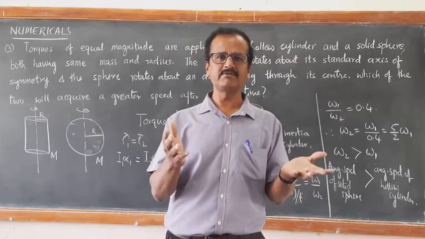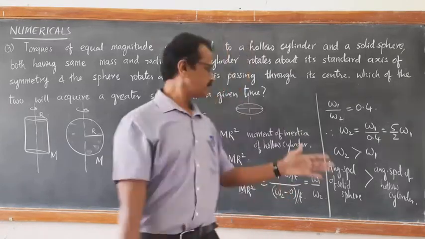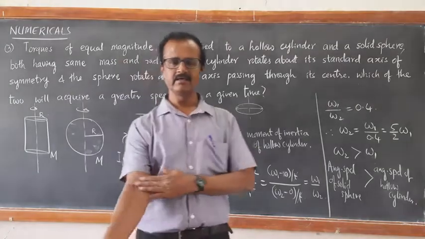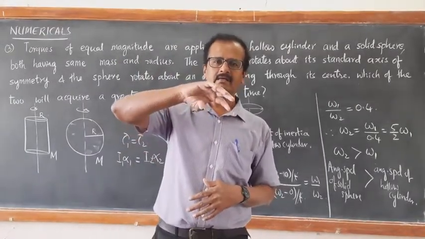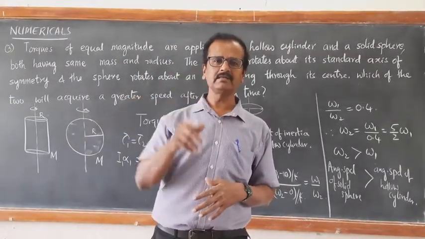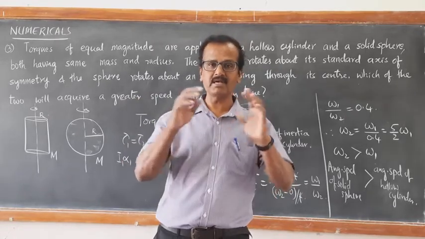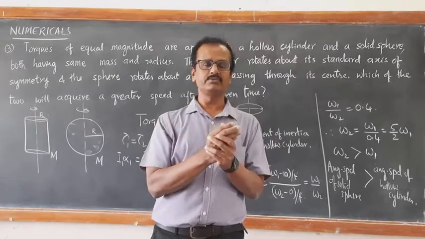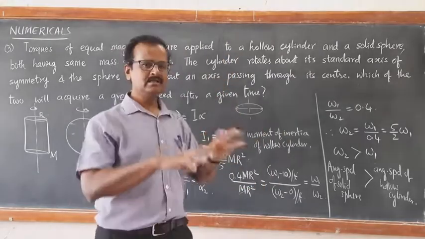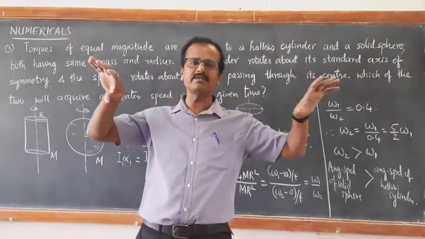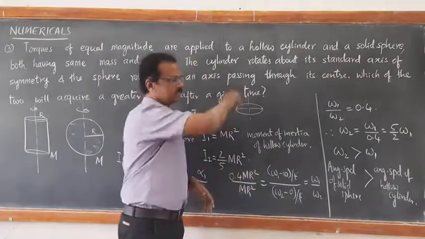Whereas in the case of the raw egg, the mass is distributed away from the axis of rotation when it is set into rotation.